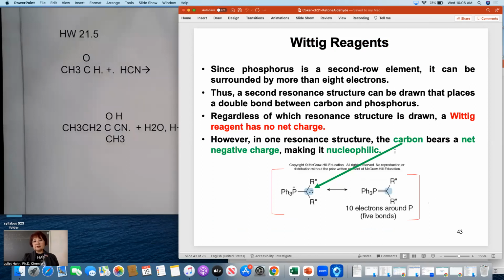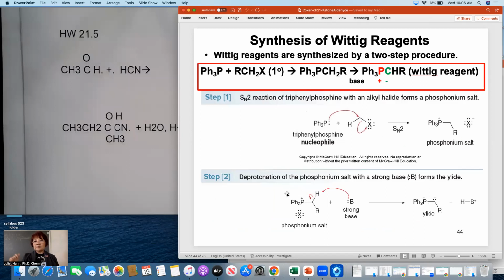Well, you can also write this as a resonance structure that has a double bond between the carbanion carbon and the phosphorus. But how do you get to that Wittig reagent? You take triphenylphosphine and react it with a primary alkyl halide.